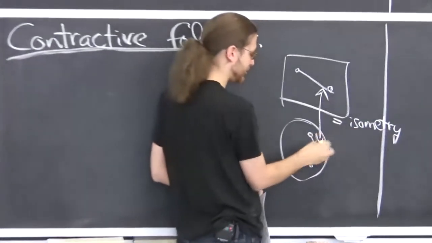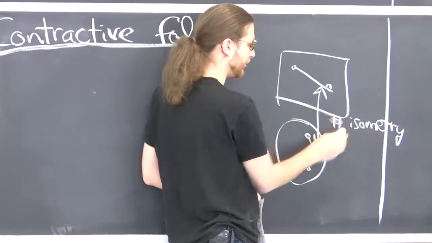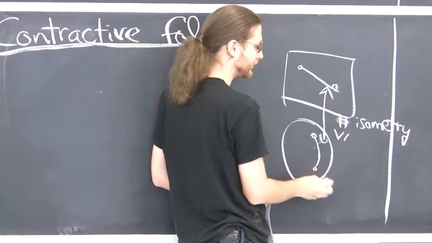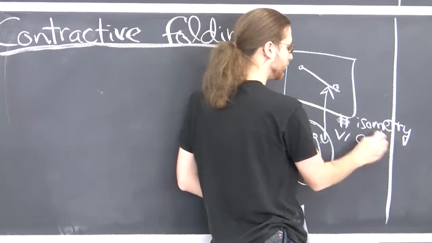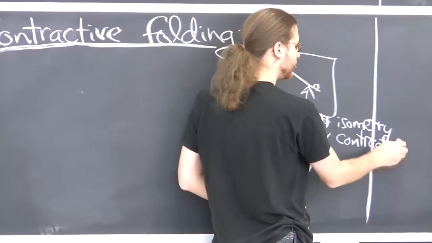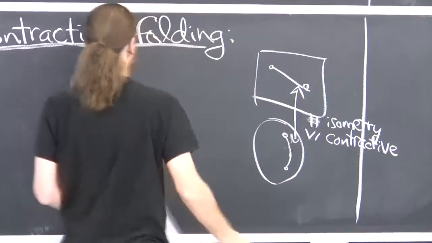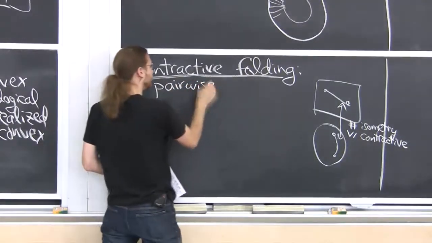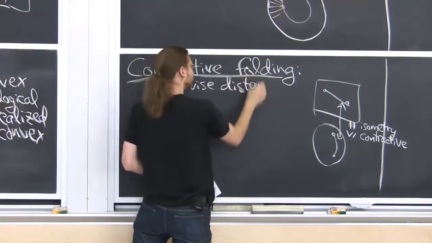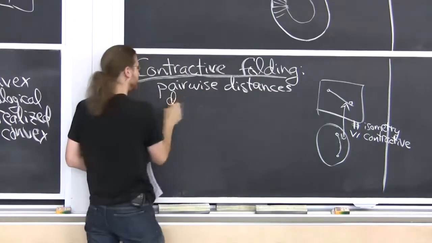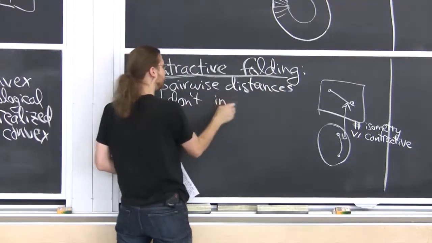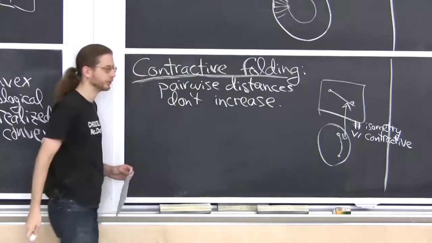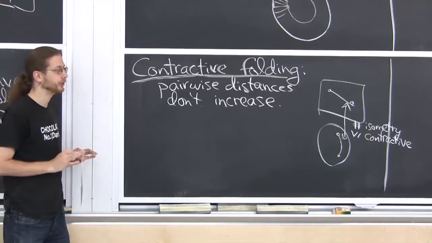But if this one can be smaller, then this is contractive. And that is paper that can shrink but not stretch. So pairwise distances don't increase. So they could stay the same. We can still do regular origami, but we can also contract. And then it is possible to fold a sphere.